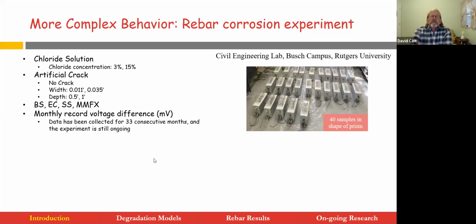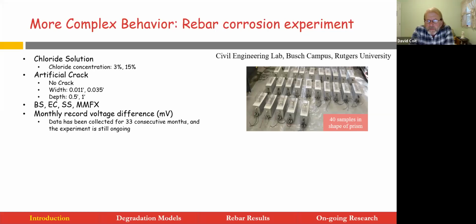More specifically, we see here the different variables: 2 different chloride concentrations, 3% and 15%; a total of 5 different crack sizes, including no crack as one of the 5, with 2 different widths and 2 different depths, and all combinations of those; and 4 materials: black steel, epoxy coated, stainless steel, MMFX.